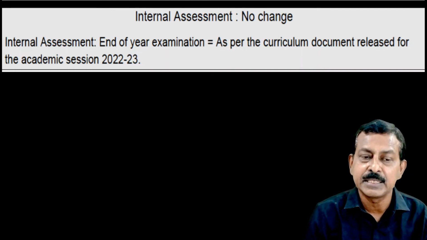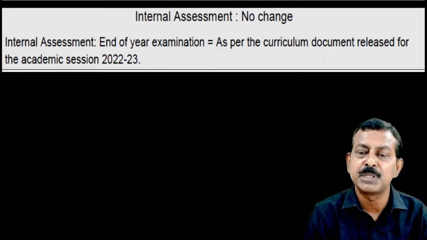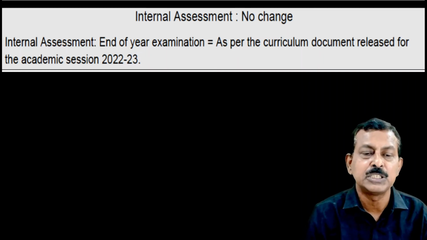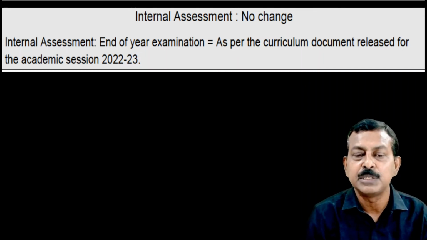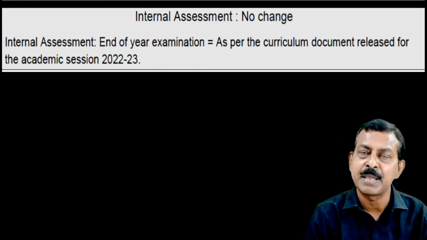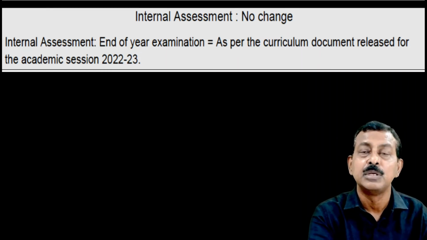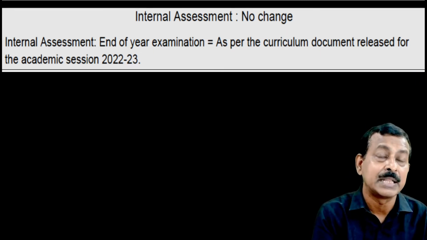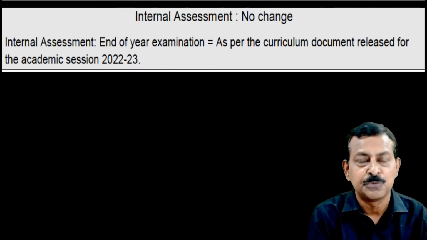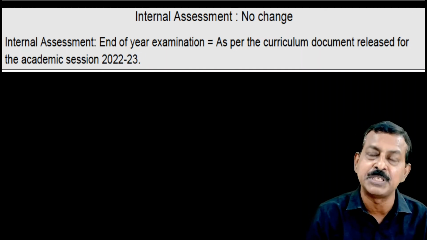It is just saying that internal assessment and end of the year examination will be as per the curriculum document released for the session 2022-23. So it is the same, which means it will be of 30 marks. So this is for classes 11 and 12 for the session 2022-23.